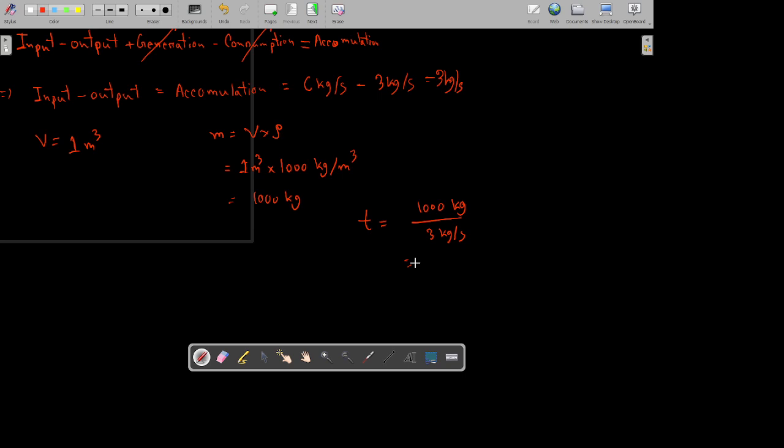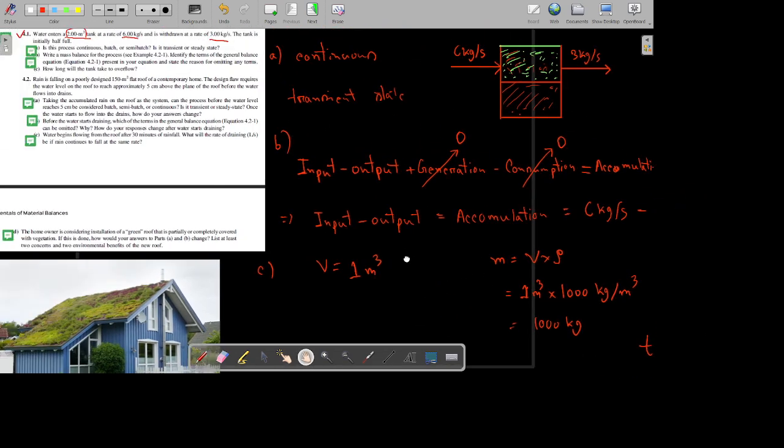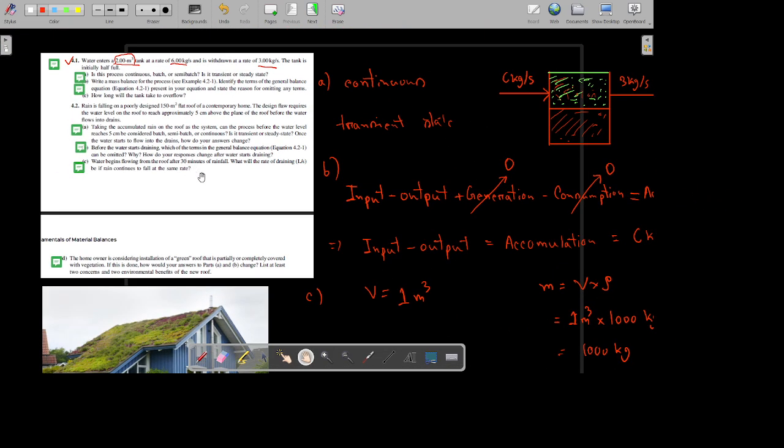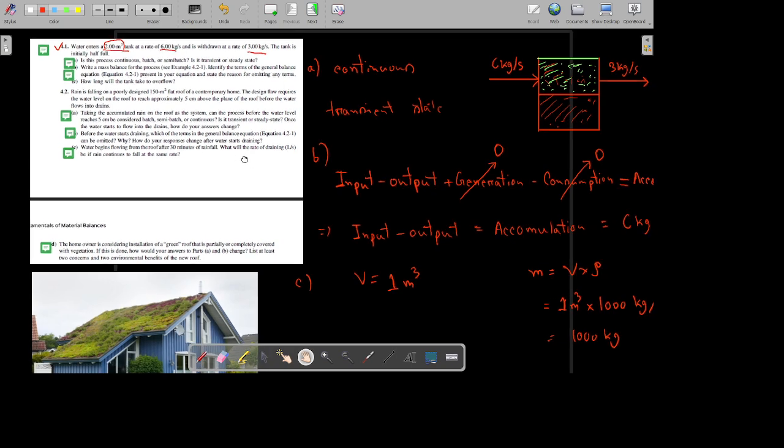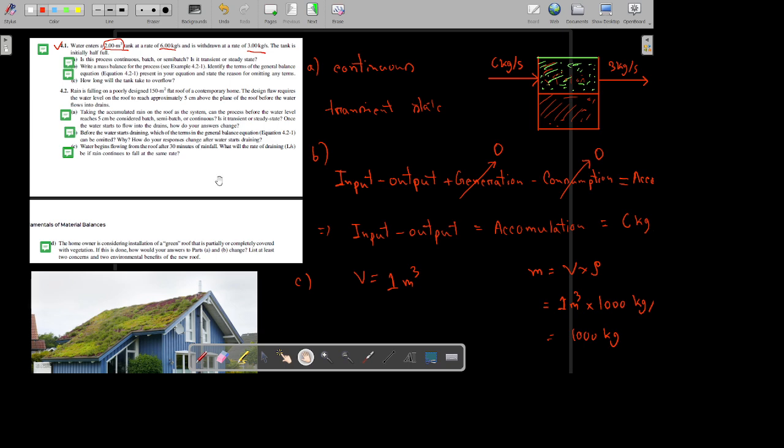Let me put 1000 by 3 on my calculator. Okay, the answer comes out to be this many seconds. 333.3 seconds will be required to overflow the tank. So that is our answer for part C.